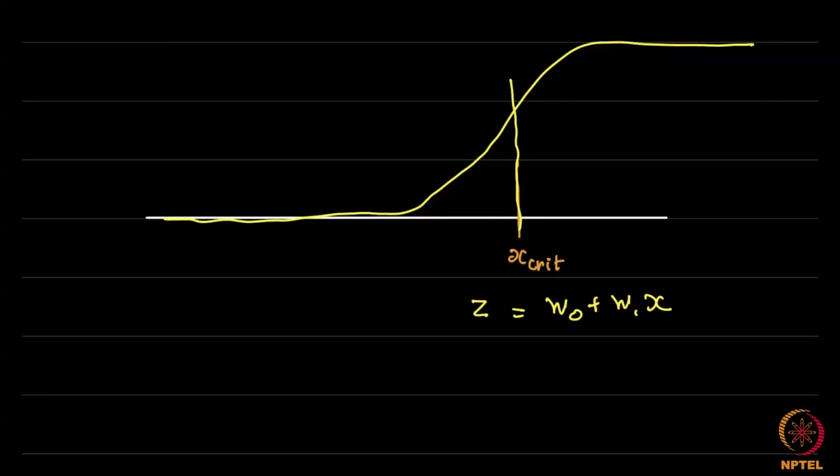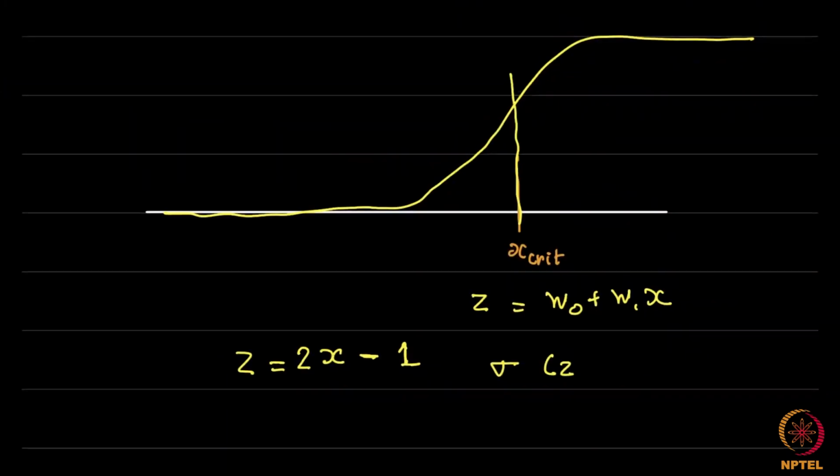The second thing that W1 controls is, imagine a case where I write Z equal to X minus 1, but I make it 2X minus 1. When I do that, I will get sigmoid of Z such that this slope is a whole lot sharper.